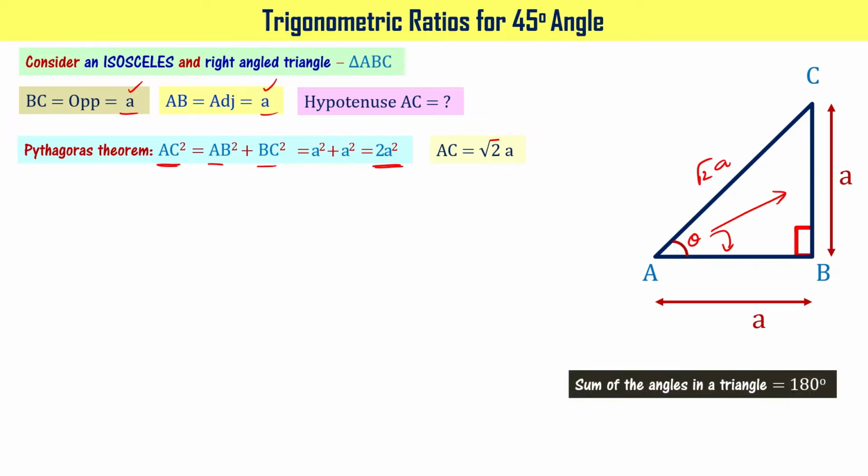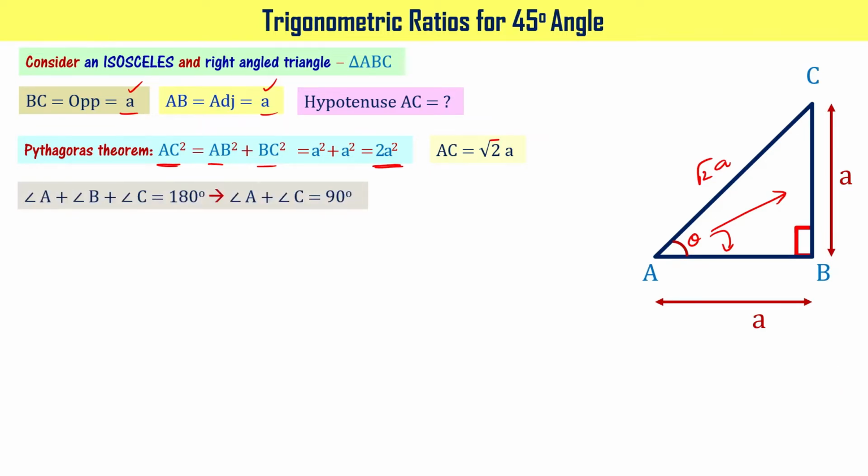We know that sum of the angles in a triangle is 180 degrees, right? It means angle A plus angle B plus angle C equal to 180 degrees. Since we know angle B is equal to 90 degrees, right? This is the right angle. So angle A plus angle C is going to be equal to 90 degrees, right?